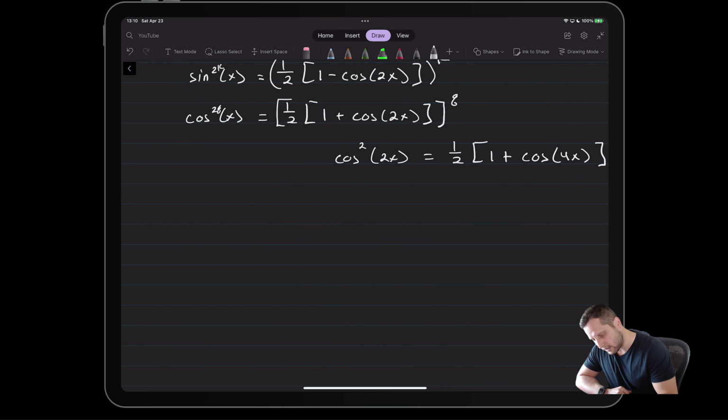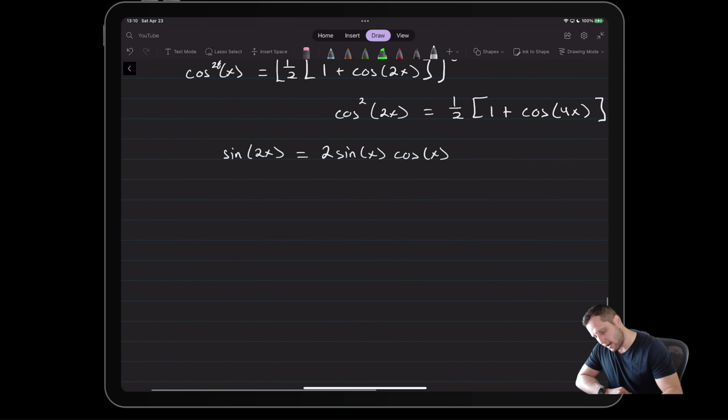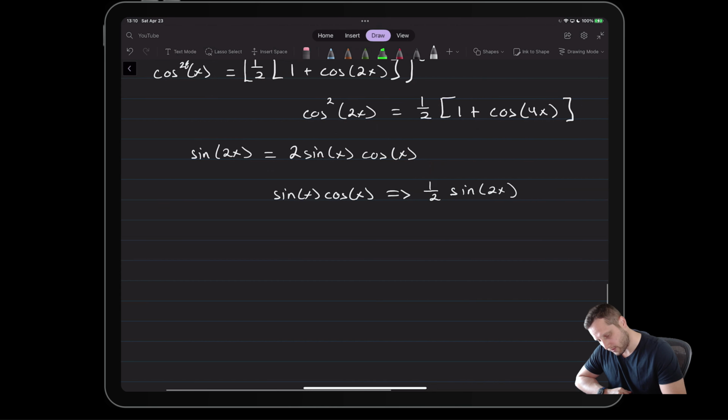So one more thing is, you also will likely want to be familiar with sine of 2x is equal to 2 sine x cosine x. So that means that if you have something like sine x cosine x in your integral, then you can replace this with 1/2 sine 2x, right?